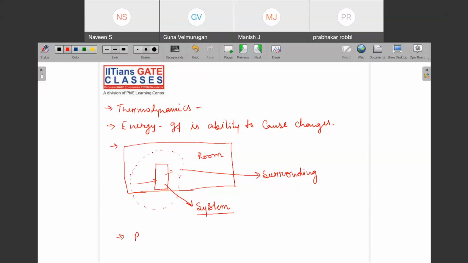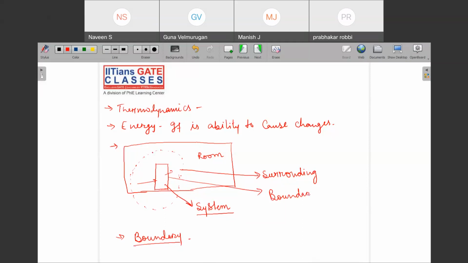So the next thing is the boundary. The boundary is the fixed or imaginary surface where our study is focused. I am focusing all my study within this boundary. This bottle is the system, but the outer surface of it creates a kind of boundary.